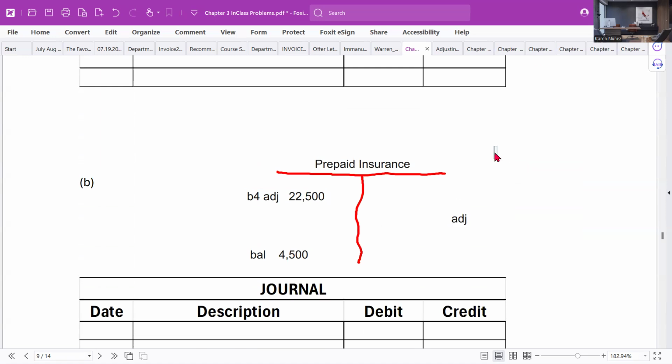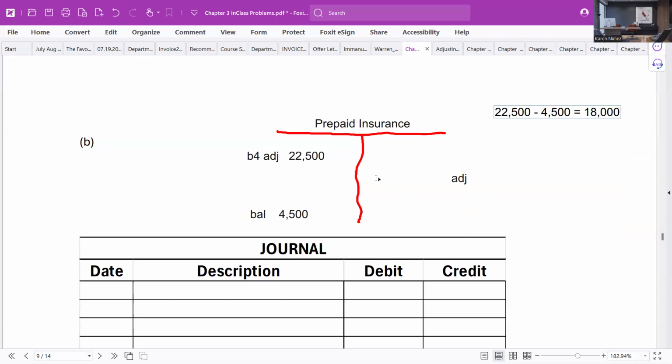And of course, 22.5 minus 4.5 equals 18,000. So we need an adjustment here for 18,000 in order to bring this account balance down from 22,500 to 4,500.